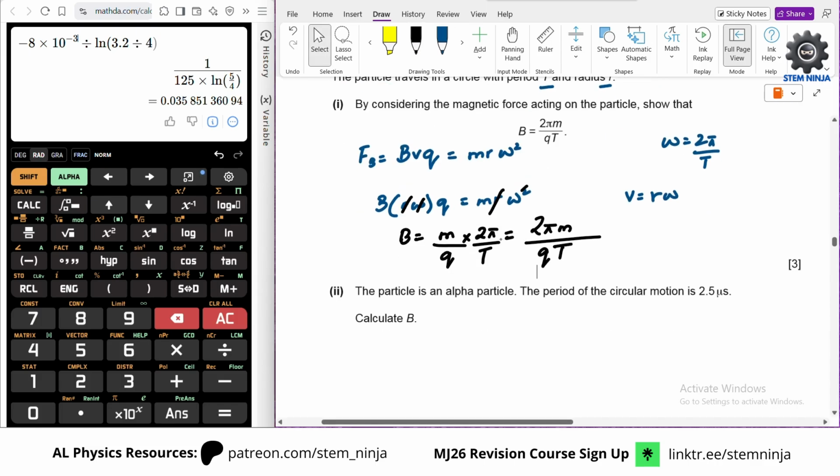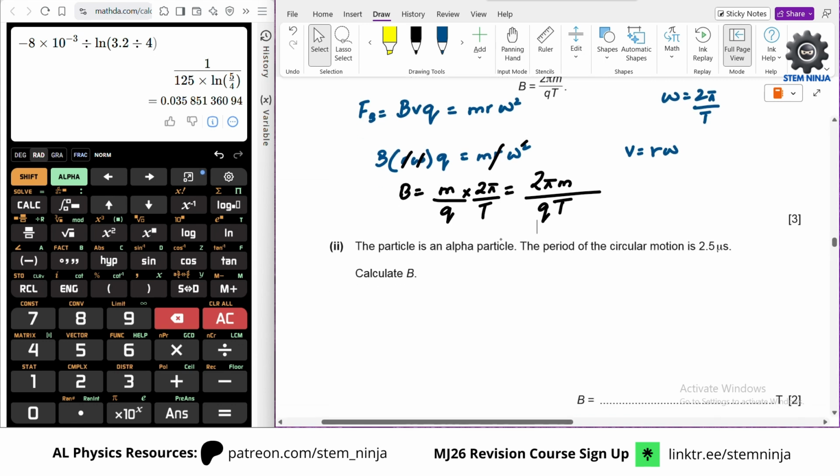Right, okay. The particle is an alpha particle. The period of the circular motion is 25 microseconds. Calculate B. Right, okay. So mass of an alpha particle is 4u, where u is 1.66 times 10 raised to the power minus 27.